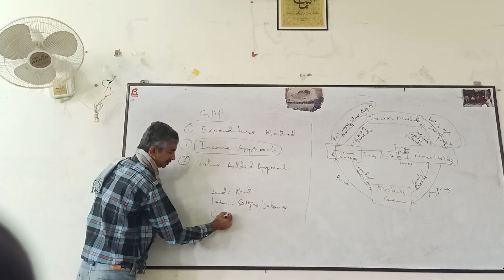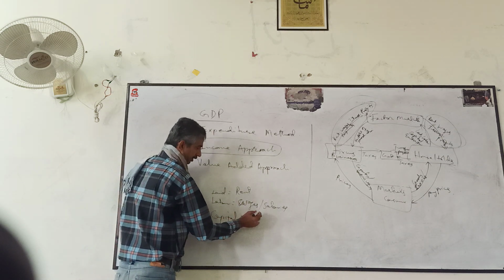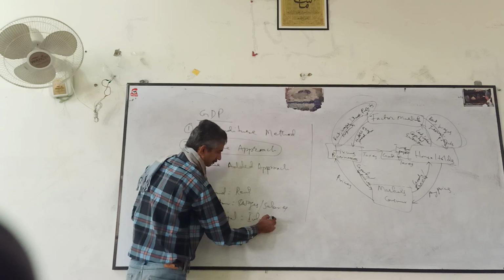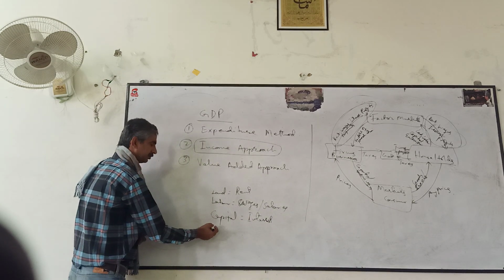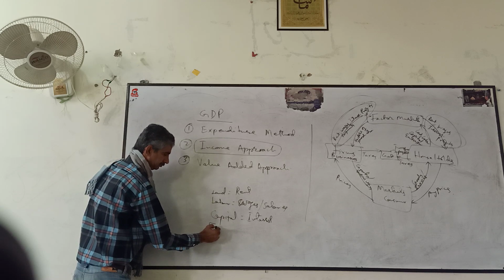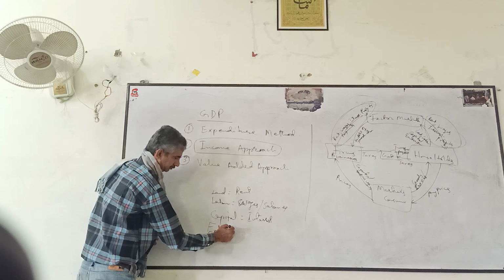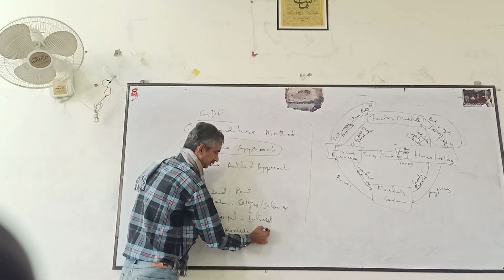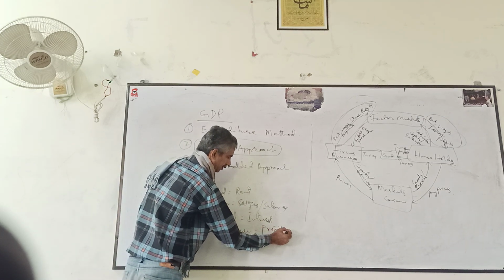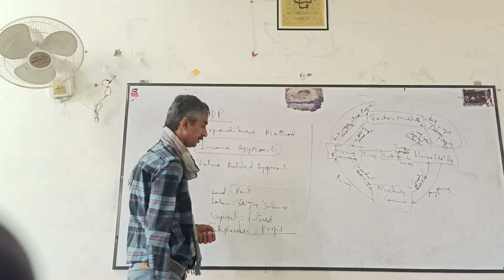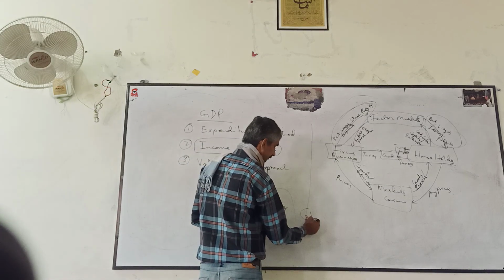Income earned by the capital, that we can say is the interest, and the income earned by the entrepreneur, we can say it's the profit. So when we add up these income sources, we get the GDP.